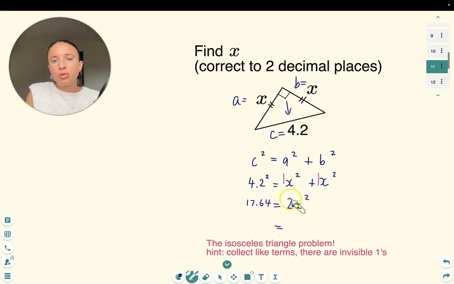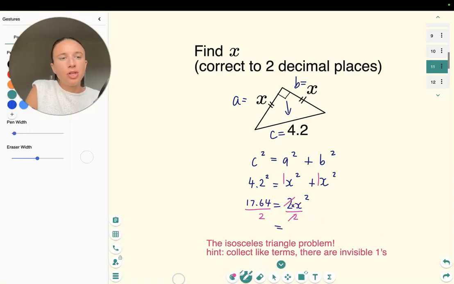You're going to remove this 2 out the front first by doing the opposite of multiplying by 2. The opposite of multiplying by 2 is dividing by 2. And what you do to one side, you do to the other. Don't get rid of that squared first. You've got to get rid of that 2. The square is hugging it right up close there, so that means you remove it last.